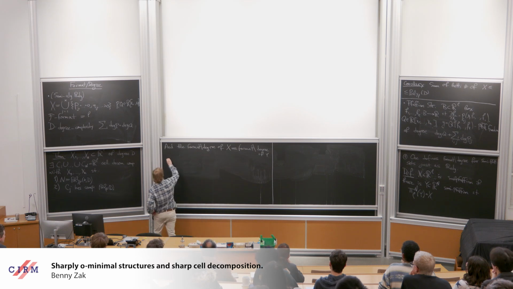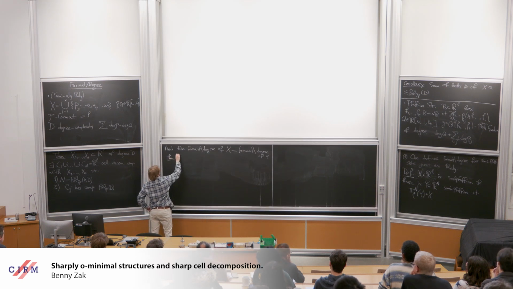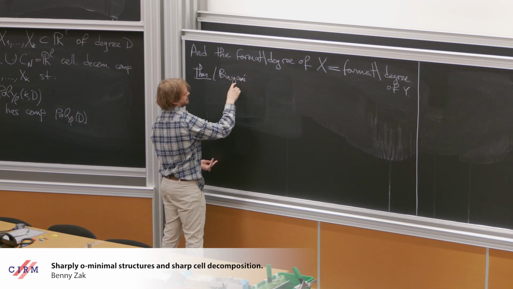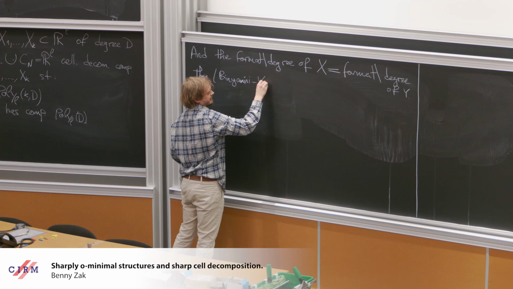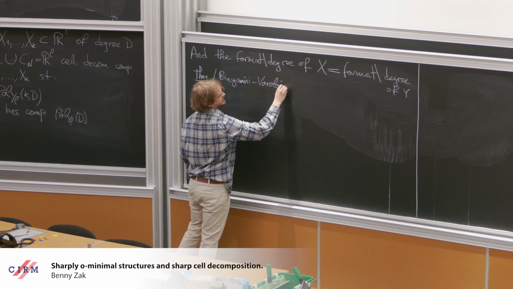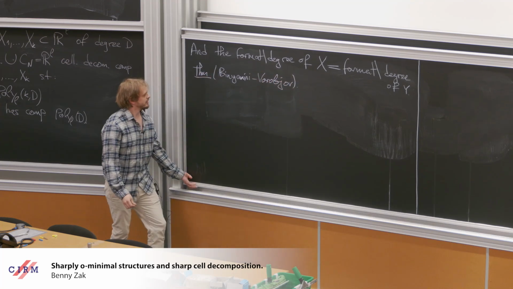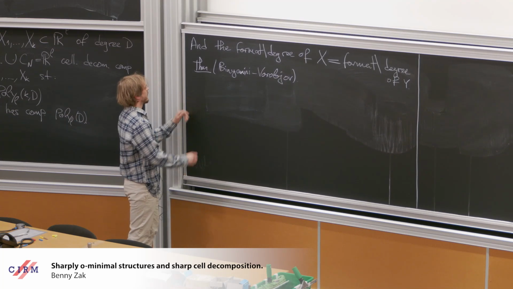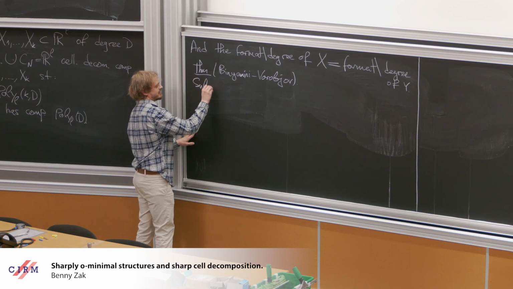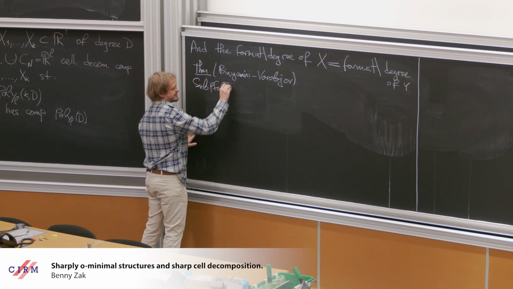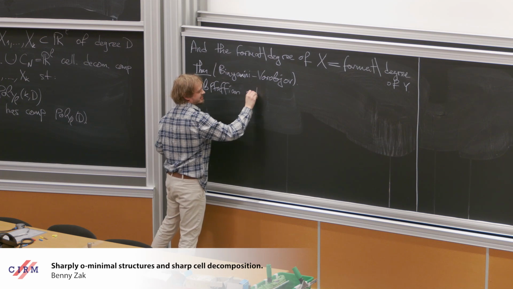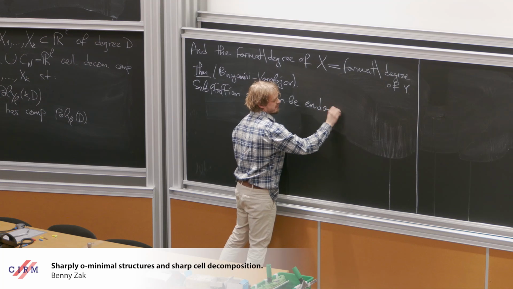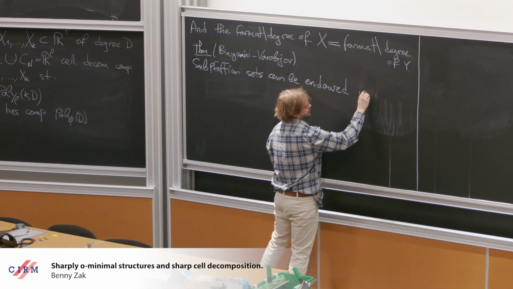But there is now a theorem by Benyamini and Vorobjov which kind of solves this issue. And please bear with me because the way it's stated is weird, but it's worthwhile. So, sub-Pfaffian sets can be endowed with two natural numbers.